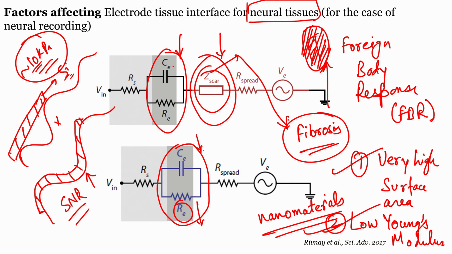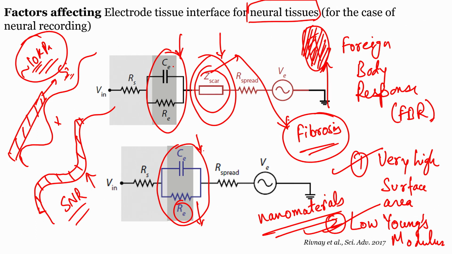In a second case, we took the example where you are not measuring impedance by supplying voltage, but you are recording potentials, which is the case for neural recording, and we saw what all elements are there in the case of neural recording, wherein an electrode makes contact with the neural tissues.